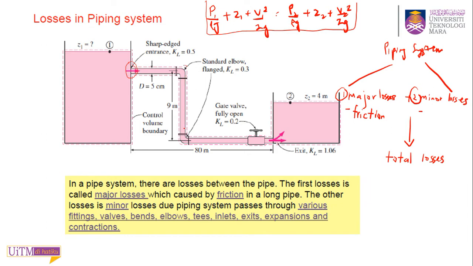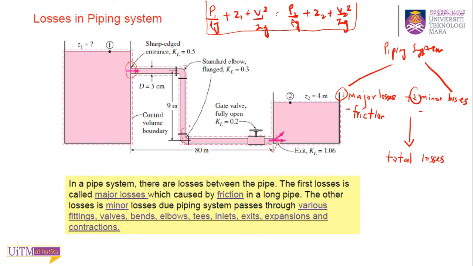We have 3 elbows, and you have a valve, so this valve will also introduce losses. And when the fluid enters or exits through another reservoir or tank, there will be entrance losses and exit losses. So all of these minor losses we need to calculate as well.